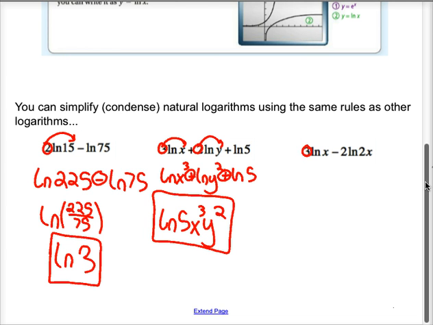Here I see some multipliers again that need to be brought up. So this will be ln of x cubed, ln. Now when you square 2x, remember to square the 2 as well. Don't forget that that will become a 4x squared. That subtraction is going to turn into division.